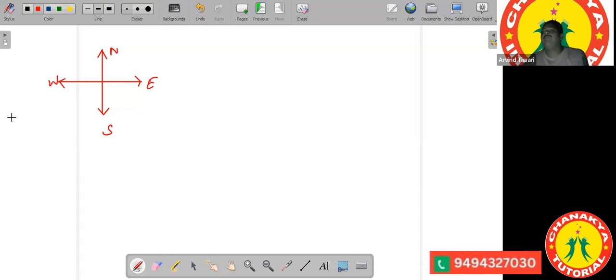If at some place you are talked of north, south, east, west, along with vertical up and vertical down, then you also have to make that. For that, you will be drawing your diagram something like this.